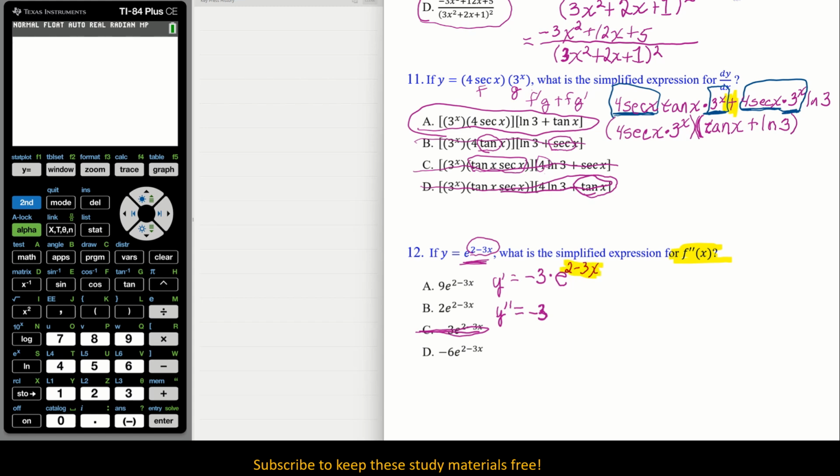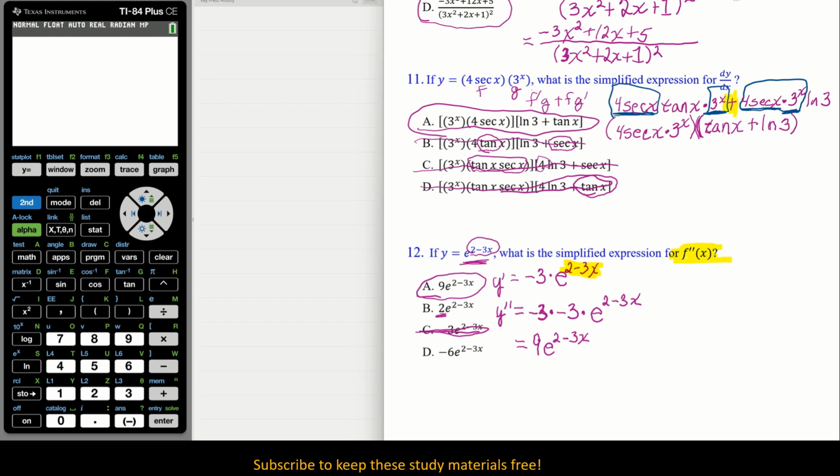Go back to the exponent, and then we pull down another -3, and then multiply all of that to the given exponential, e to the 2 minus 3x. Multiply the coefficients together, so -3 times -3 is 9, and that becomes 9e to the exponent of 2 minus 3x, and that obviously is option A.